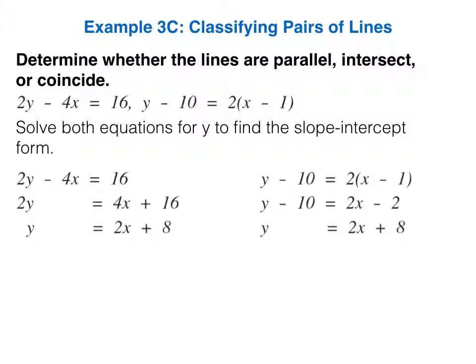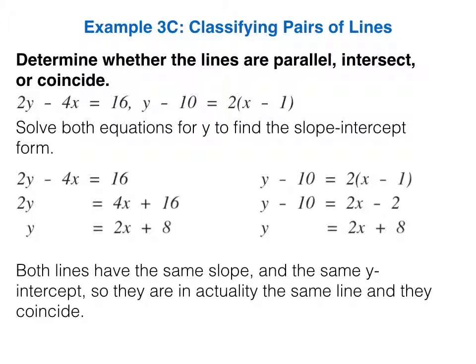The second, we distribute the 2 into the quantity x minus 1. Then add 10 to both sides, and we get the same equation, y equals 2x plus 8. Both lines have the same slope and the same y-intercept, so they are in actuality the same line, and they coincide.